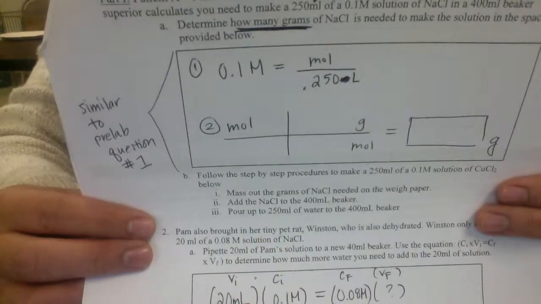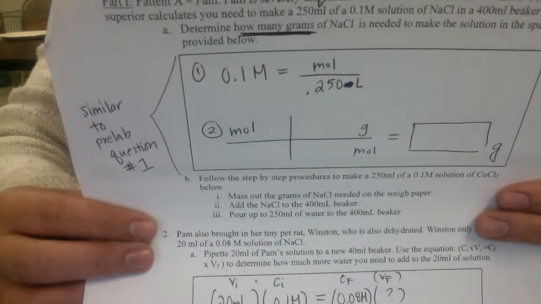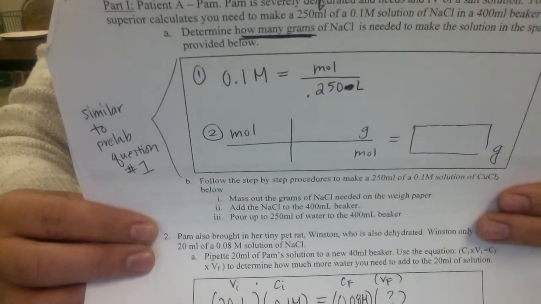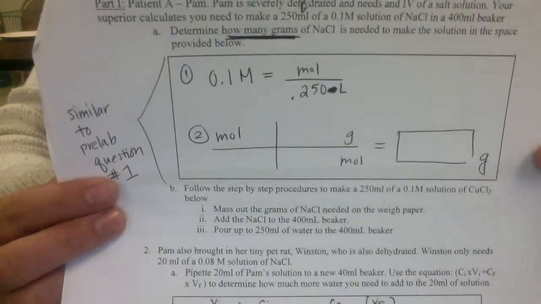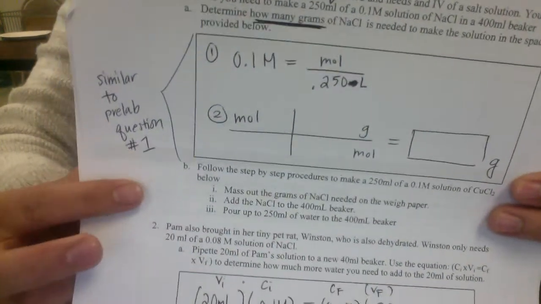So you know the equation for molarity, and you can use that to find moles. After you find moles, you will use molar mass to find out how many grams of NaCl you will have to weigh. Once you figure that out, you can complete the next steps below.